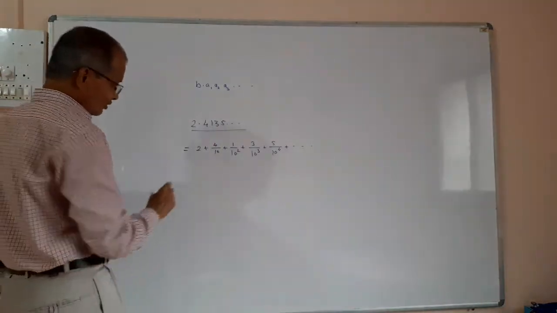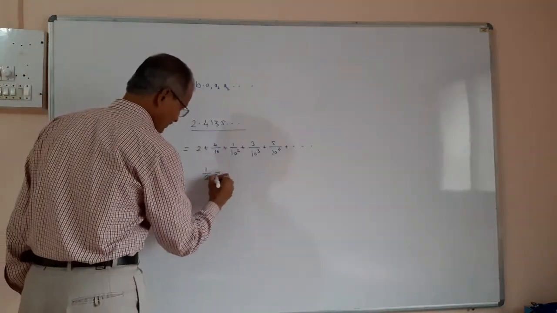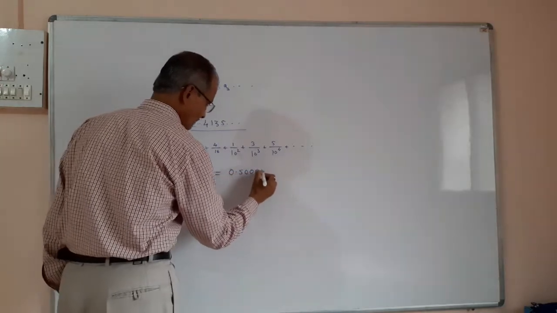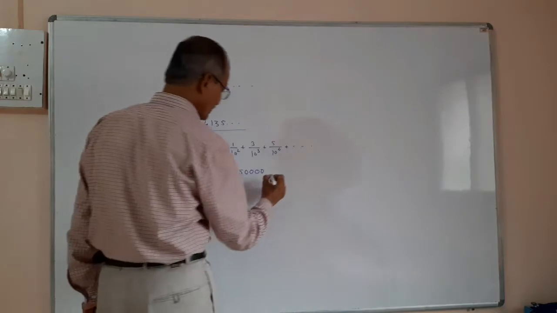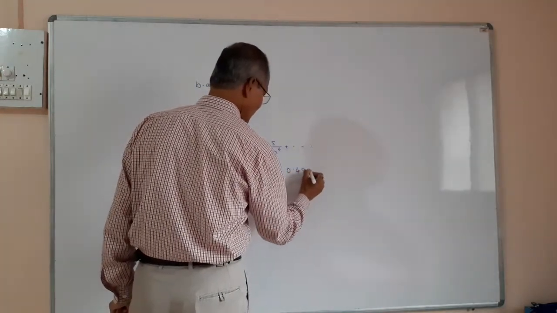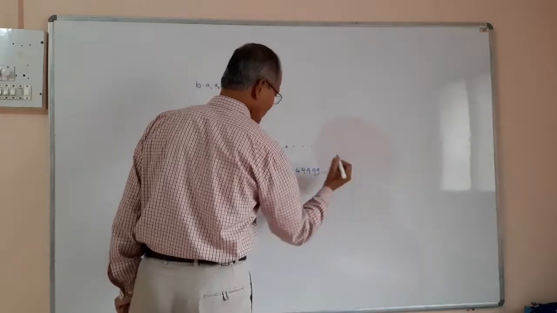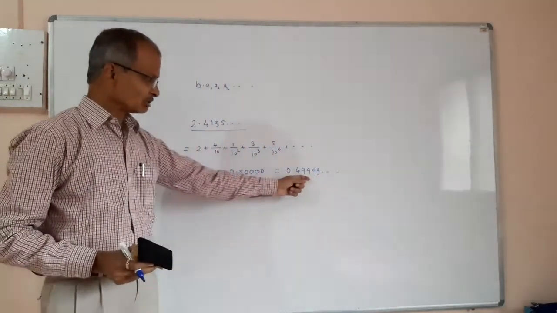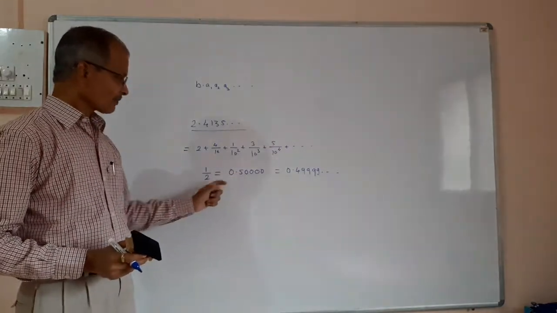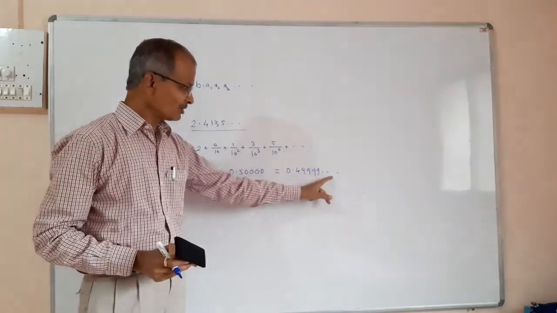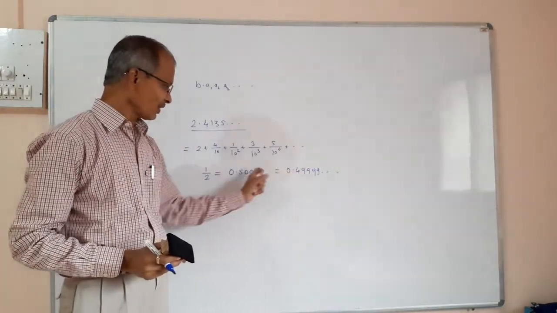One more thing we may consider: 1/2. It can be written as 0.500 etc. Or it may have the expression 0.4999 up to infinity. See, these are the two representations of 1 by 2. If this is continued to infinity, this becomes 0.5.